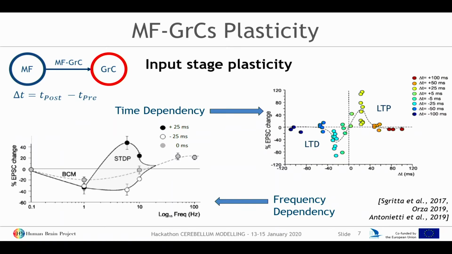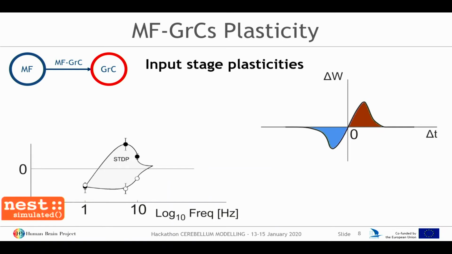And this is coherent with all the findings about the oscillations that are moving through the cortex to the cerebellum and inside the cerebellum itself. So we have two mechanisms that we wanted to include in our plasticity. So we needed to model both the STDP dependency and the frequency dependency.